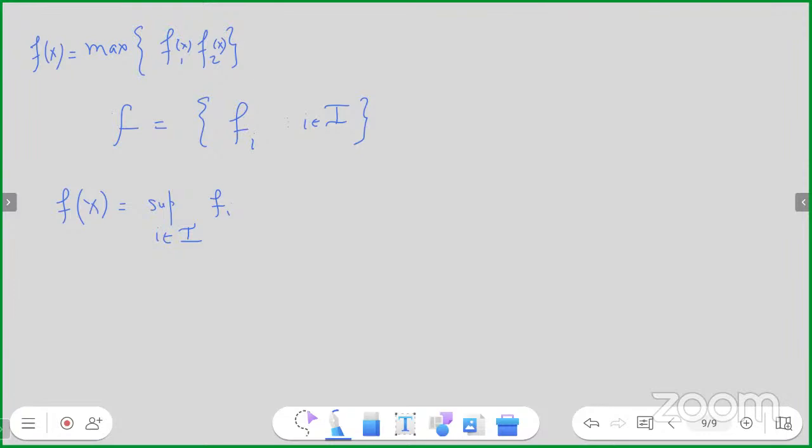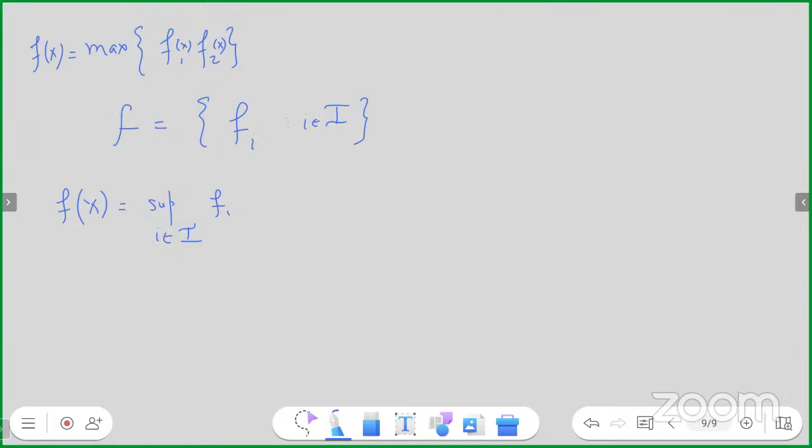What difference has changed? Okay, I don't get it like this. How did you do this when there was only f1 and f2? What is the epigraph of f when f is the maximum of f1 comma f2? We looked at the epigraphs of f1 and f2 and took their intersection. Is it true that the epigraph of f is that?